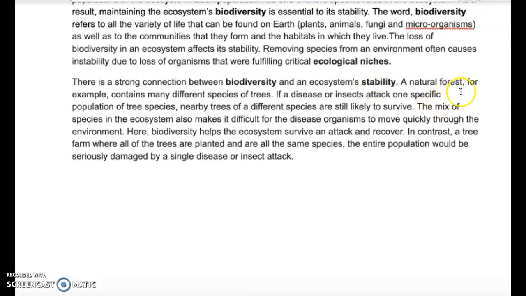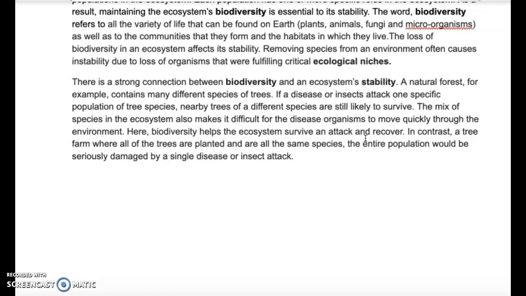A natural forest, for example, contains many different species of trees. If a disease or insects attack one specific population of tree species, nearby trees of different species are still likely to survive. The mix of species in the ecosystem also makes it difficult for the disease organisms to move quickly throughout the environment.